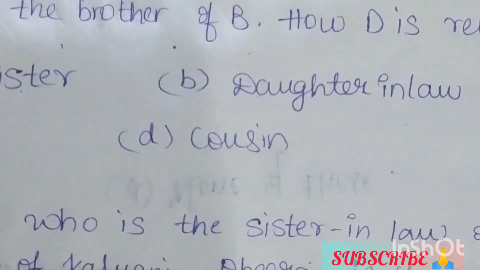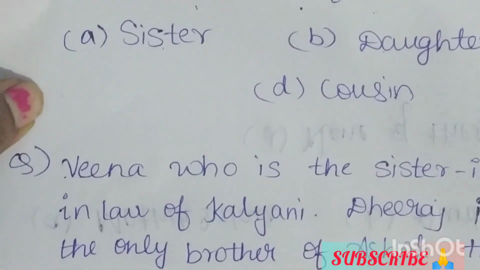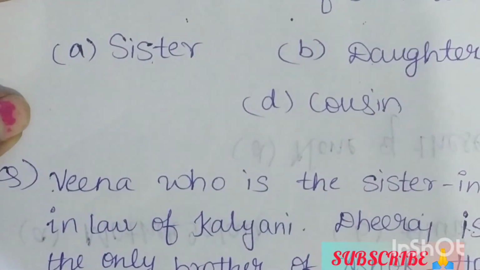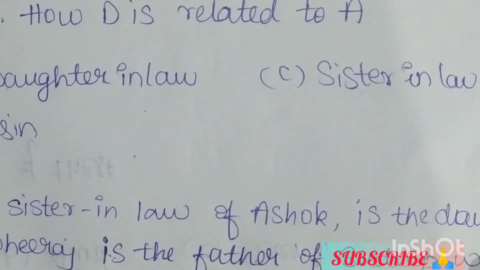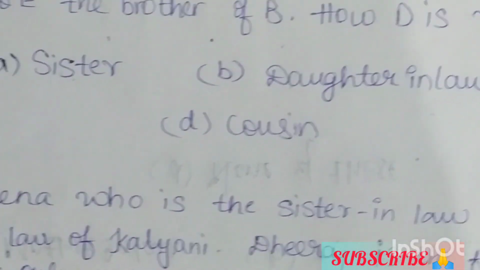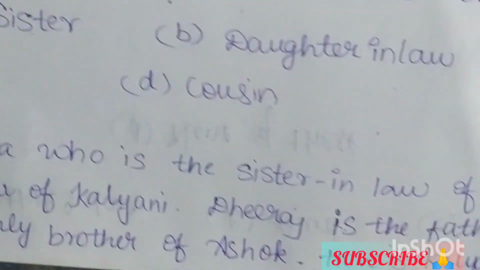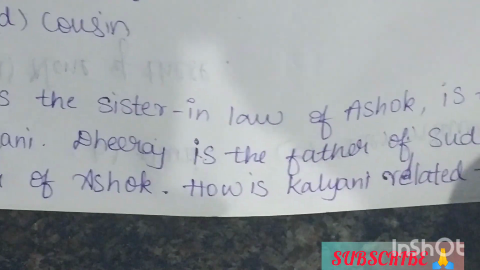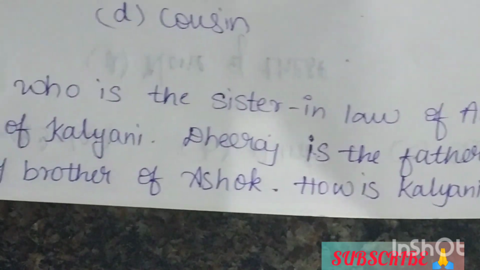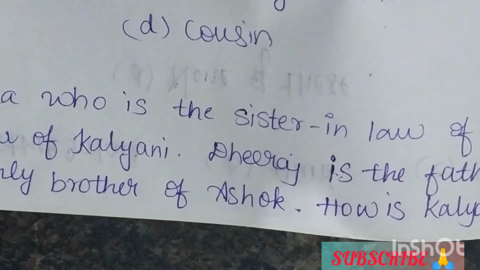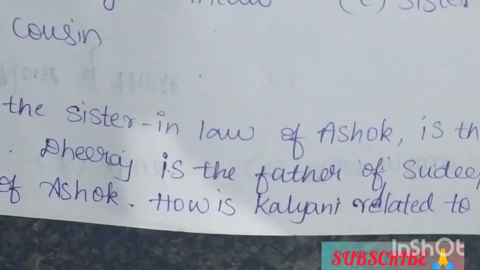Next, our second question is, Veena, who is the sister-in-law of Ashok, is the daughter-in-law of Kalyani. Dheeraj is the father of Sudeep, who is brother of Ashok. How is Kalyani related to Ashok?